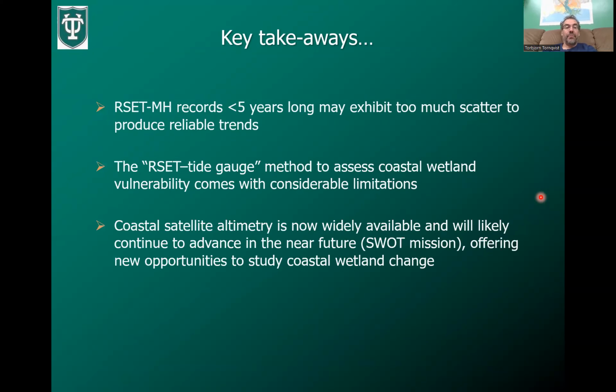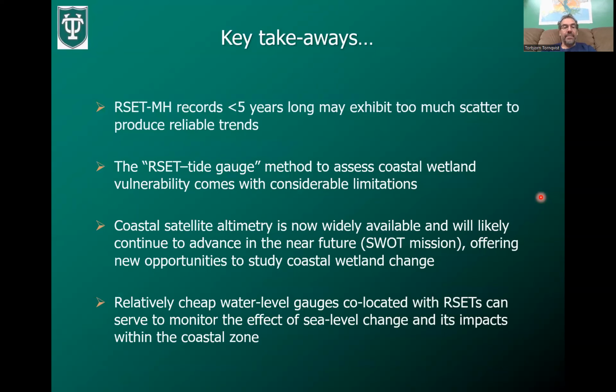And now we have this huge benefit of coastal satellite altimetry, which is becoming increasingly available. The expectation is that that will only get better in the future. We have this new SWOT mission that was just launched last year that will probably produce a lot more near coastal sea level data that can be used for these types of purposes.